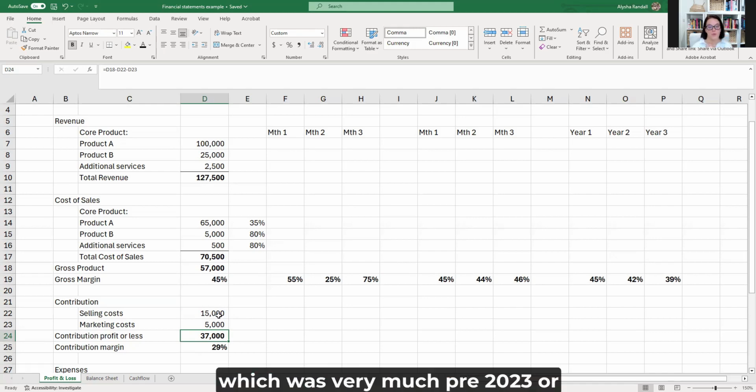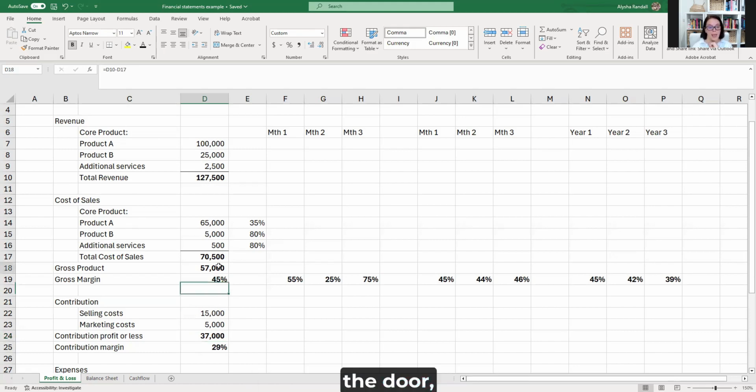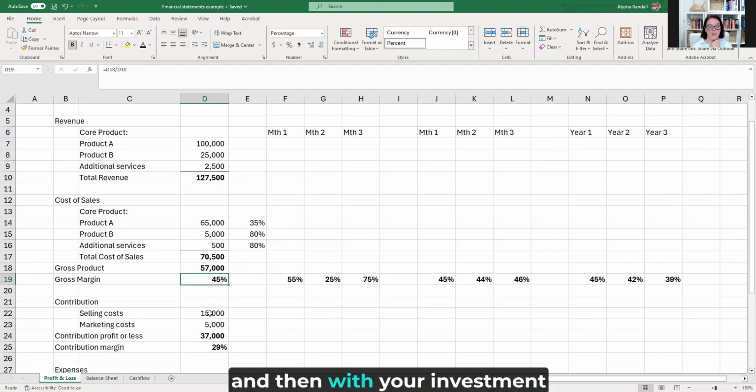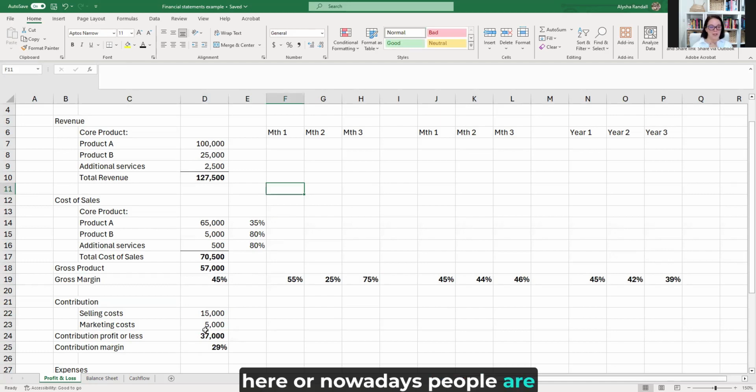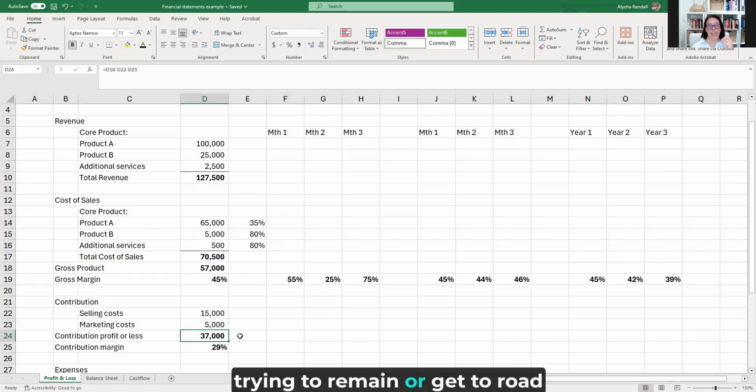which was very much a pre-2023 or even 2022 way of thinking. So get investment through the door, get a product that has gross margin, and then with your investment, just grow, and spend loads of money here. Or nowadays, people are trying to get to break even as fast as possible.